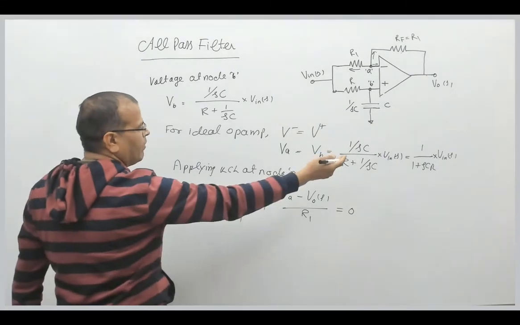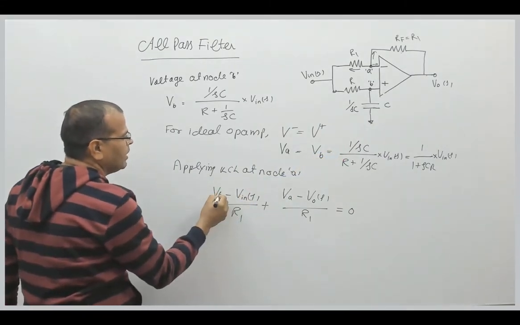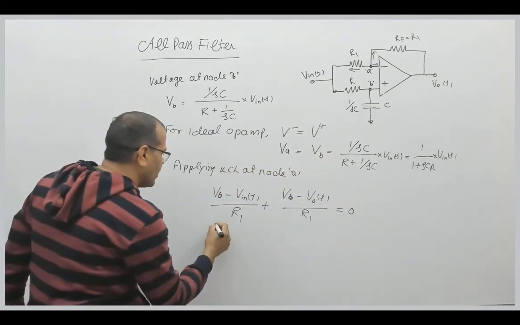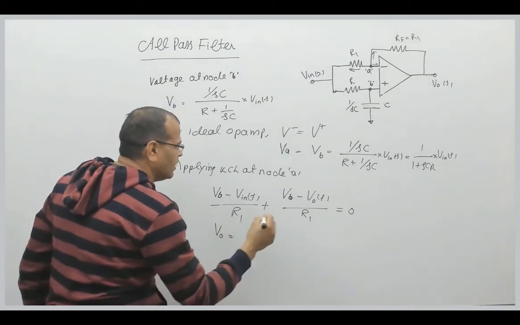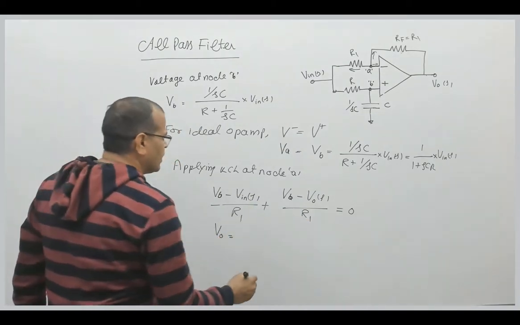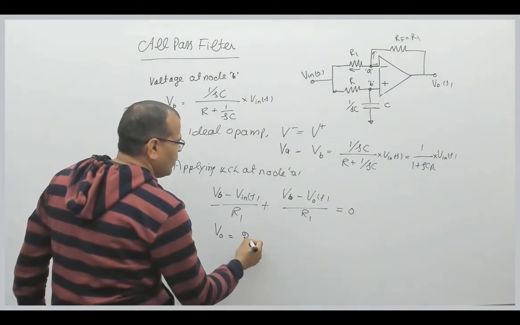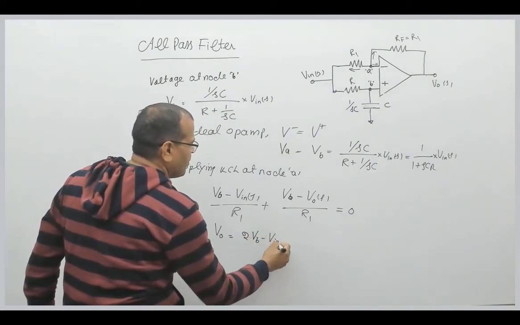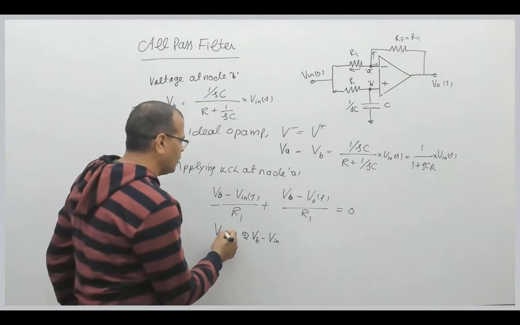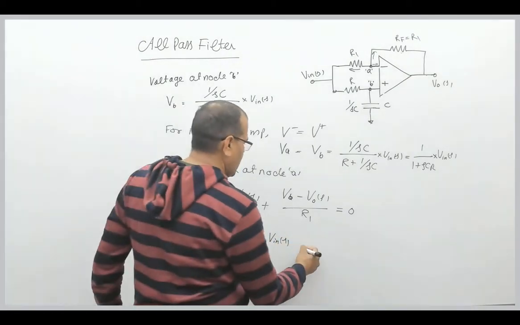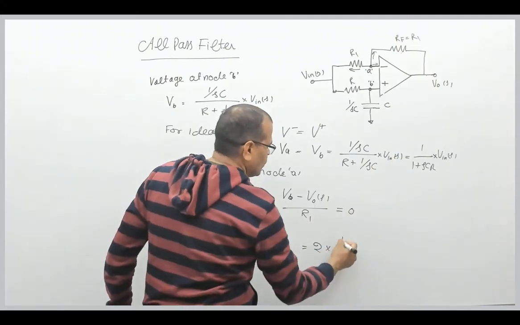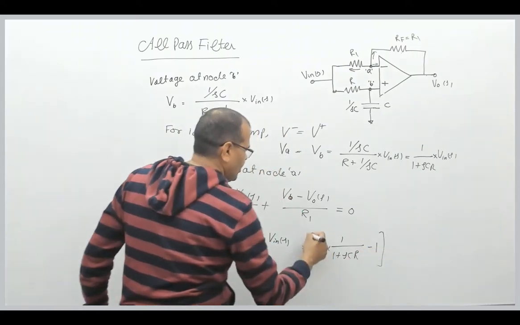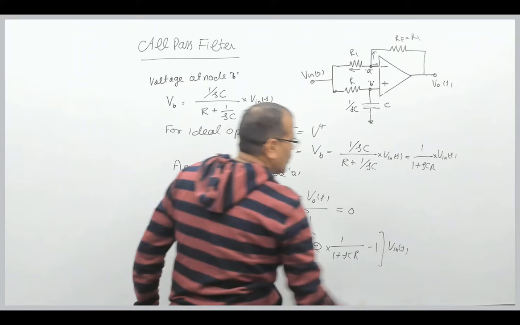So VA we have already seen. VA is nothing but VB here. I can write for an ideal op-amp VA is the same as VB. So I can write VB here, and V naught can be written like this. R1 is there, R1 is here, so that can be written as twice VB minus V in. This is V naught, which you can write as a function of S. And you know what VB is. VB is this, so that is 1 by 1 plus SCR minus 1 into V in, where I have taken V in common.